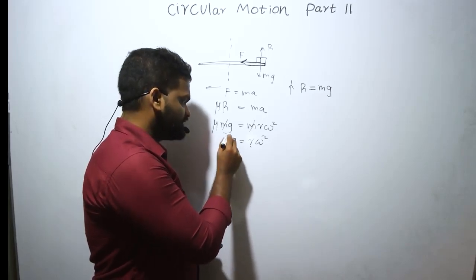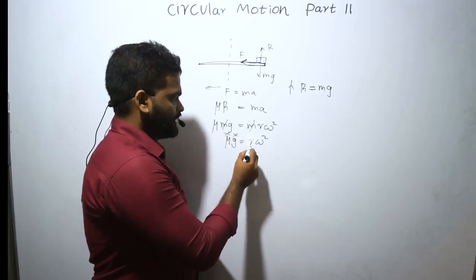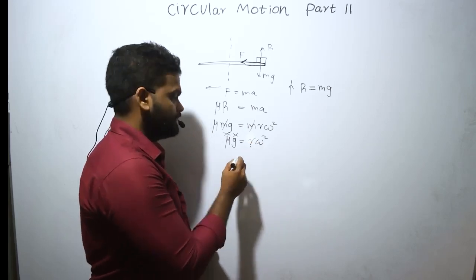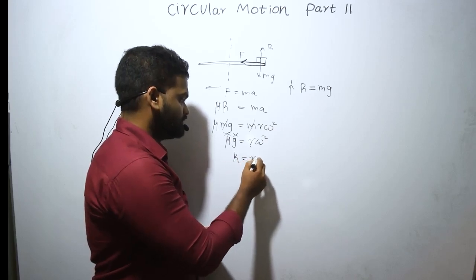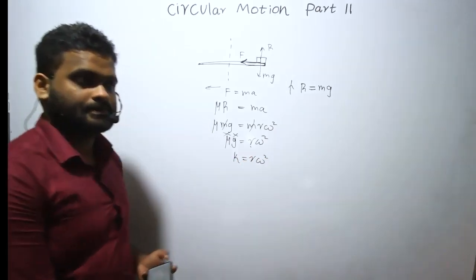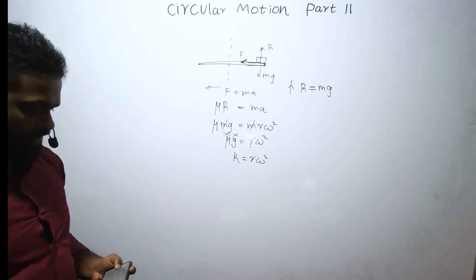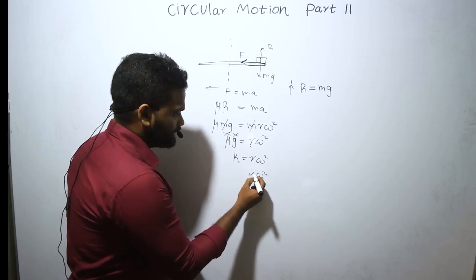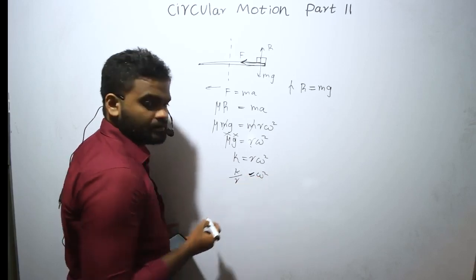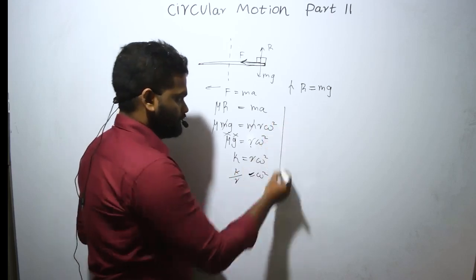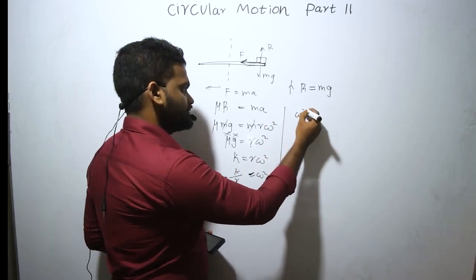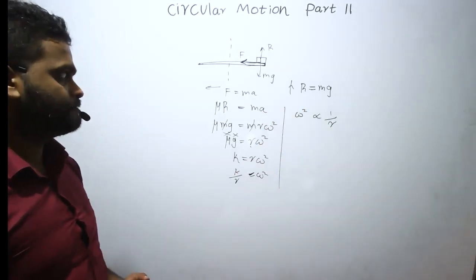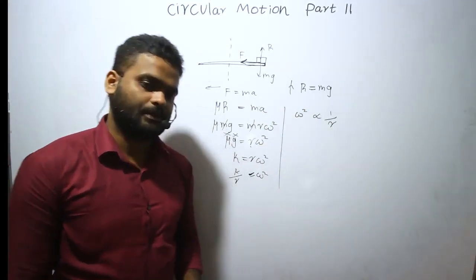So mu does not change, g does not change. So only variables are radius and the omega, right? So you can say constant is equal to radius times omega squared. Right. So if you take it like this, you can say omega squared is equal to k divided by r. As a proportionality, you can write it as omega squared is inversely proportional to the radius.